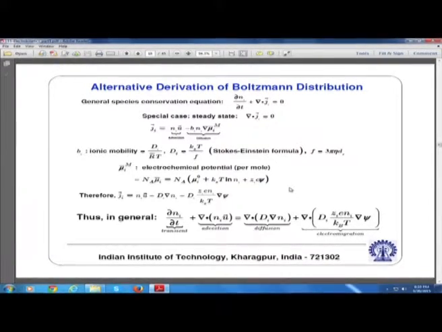Now what is this Bi? Bi is called the ionic mobility. It is diffusivity by RT, that is the definition of ionic mobility. Okay. And Di is equal to kBT by F.